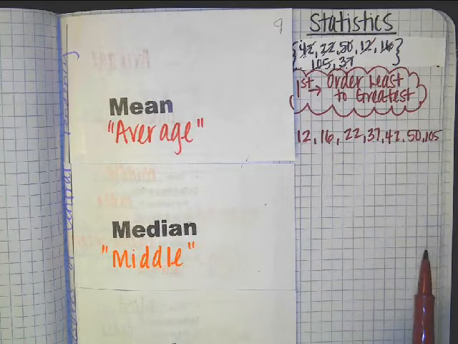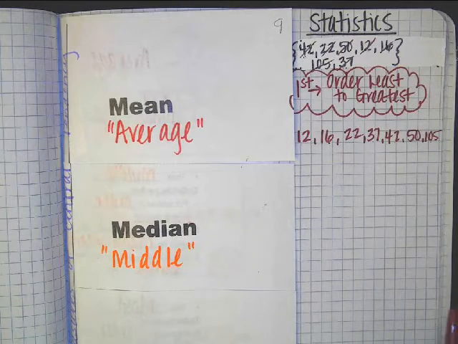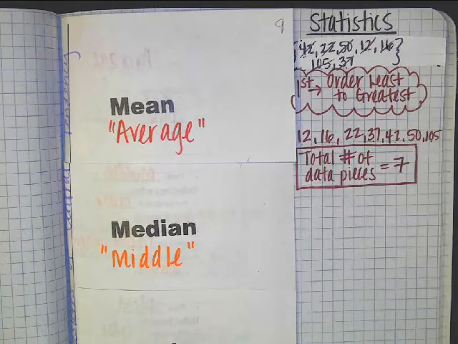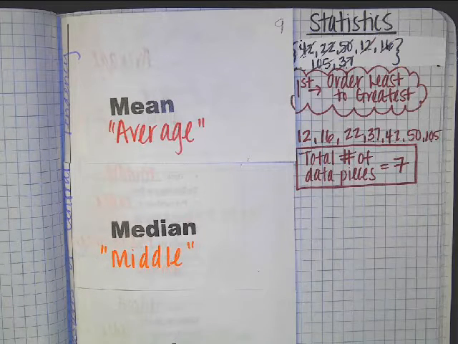Here, we're going to try and figure out what are the numbers that we're using to solve this data. From this set, I think it's important that we write that we have a total of 7 pieces of data. This is important, especially when we're looking to do the mean and the median.